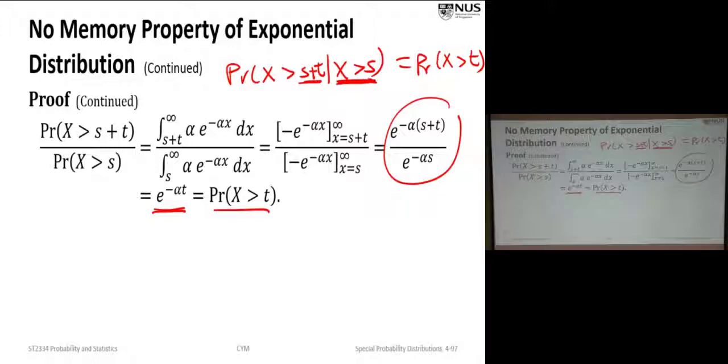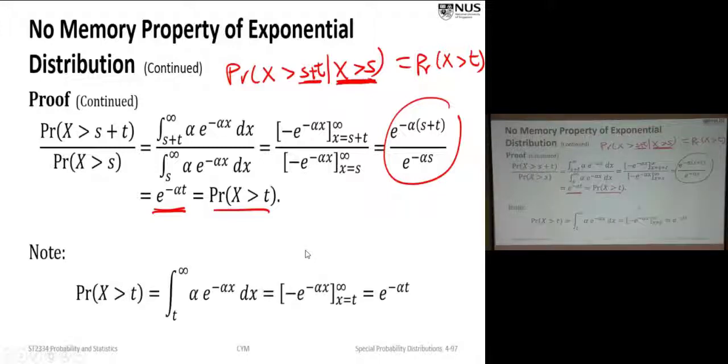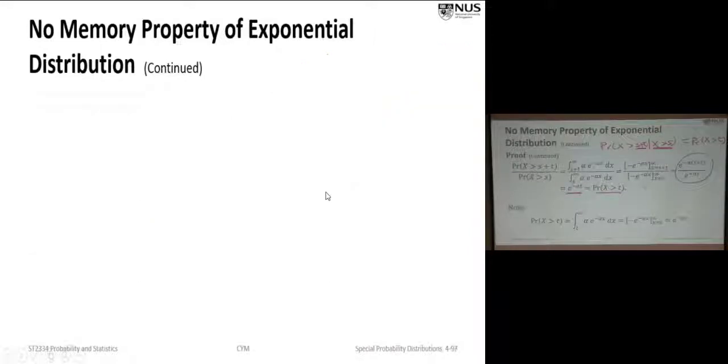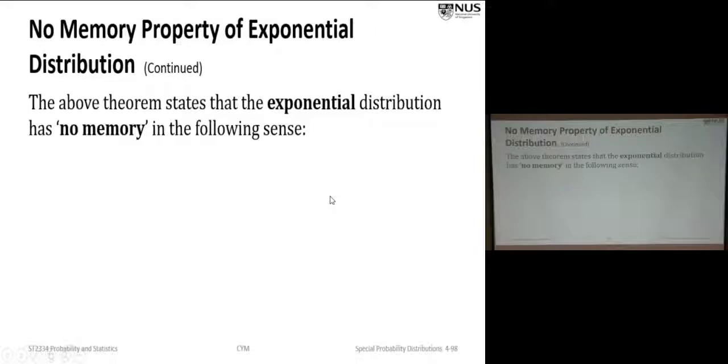So that's memorized properties. So this is how you got the integration. So only the exponential distribution has these properties. I mean the past will not have impact. You can forget about it.